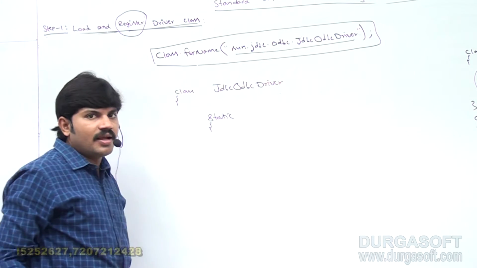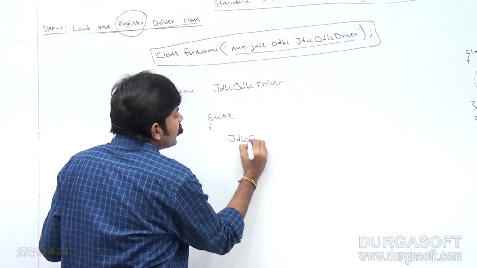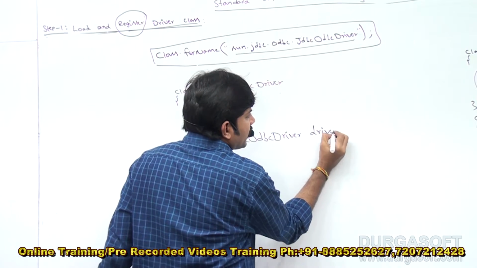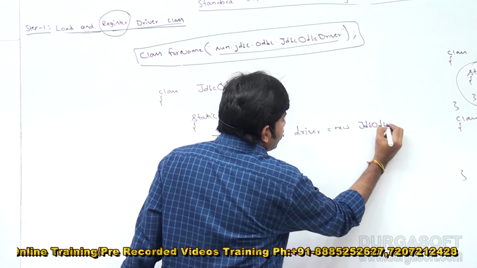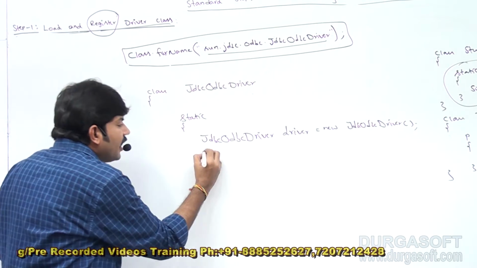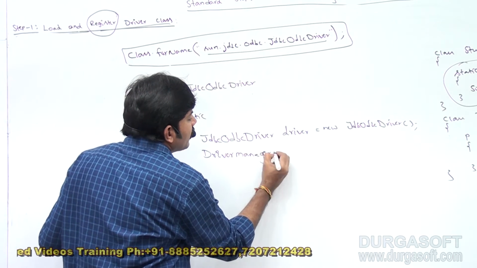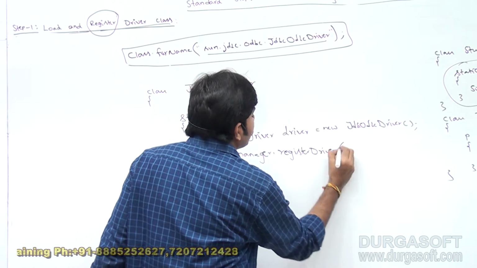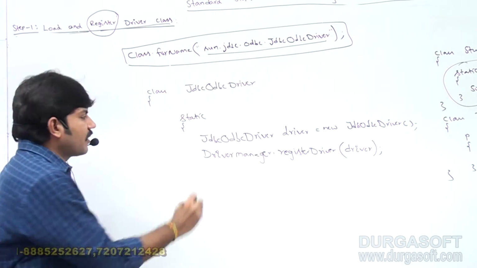What is this static block doing? JdbcOdbcDriver driver = new JdbcOdbcDriver, so it is creating this class object, and then DriverManager.registerDriver(driver).